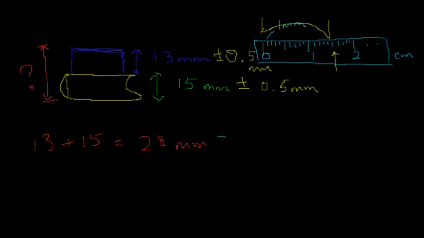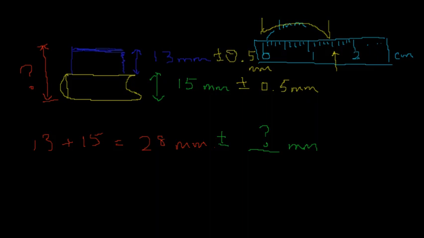So what is this error? Can I just add the two errors together, or will they cancel each other out? The way to do it is like that. Let's look at, say, the 13 millimeter value. Now this is 13 millimeter plus or minus 0.5 mm.